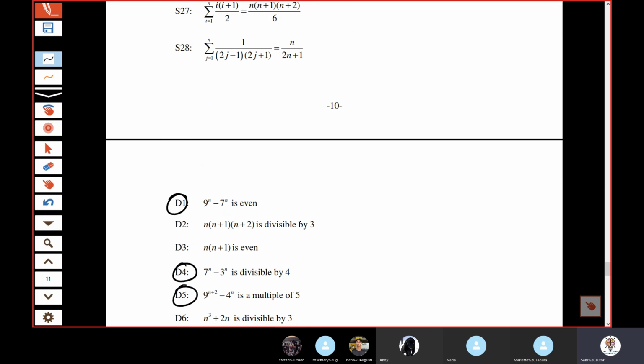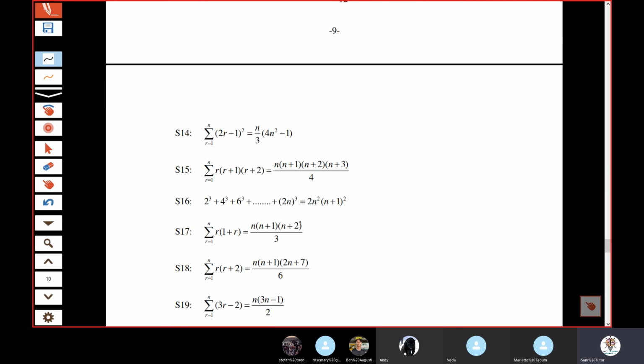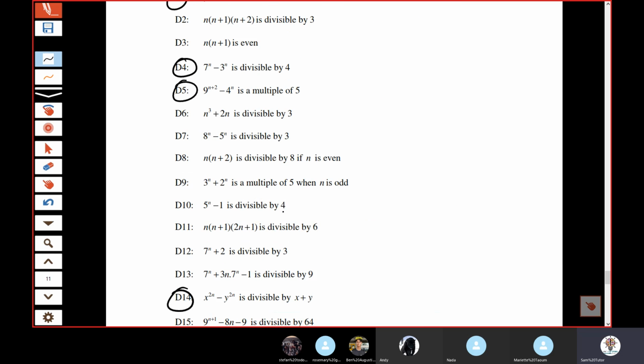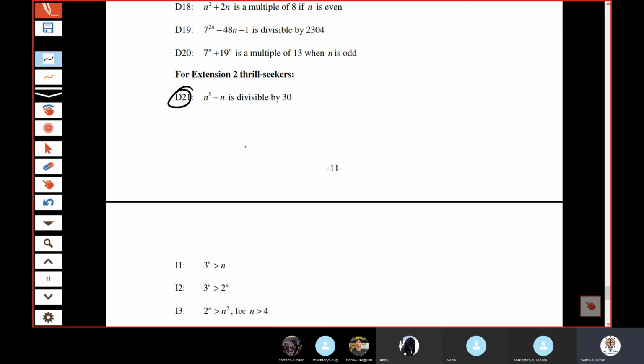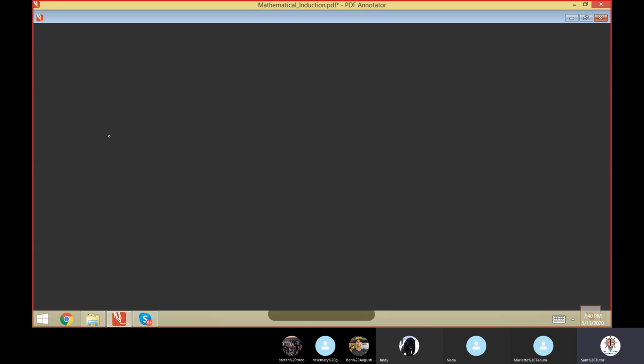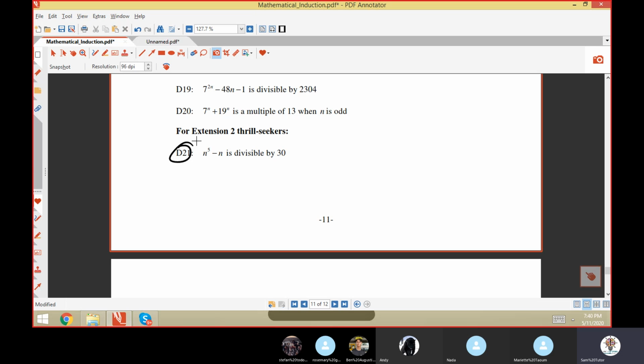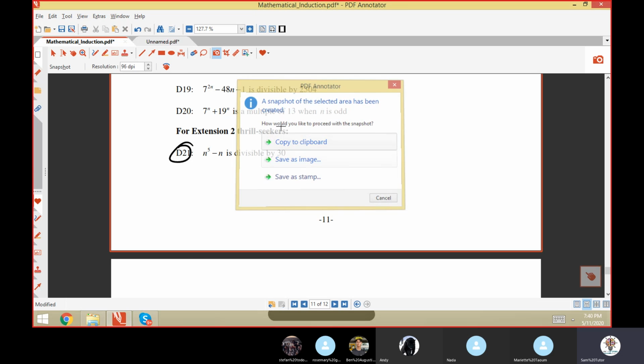All right, let's start up here and see if we can do these. Actually, let's go backwards, because I'd rather do a hard one first. So let's see what to do with this: n to the 5 take away n divisible by 30.